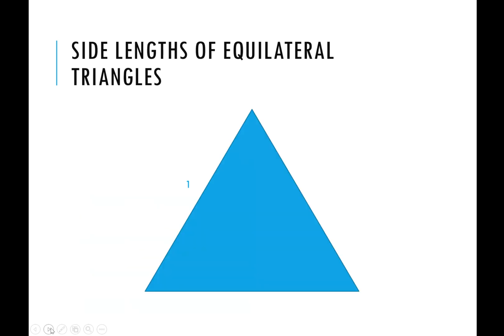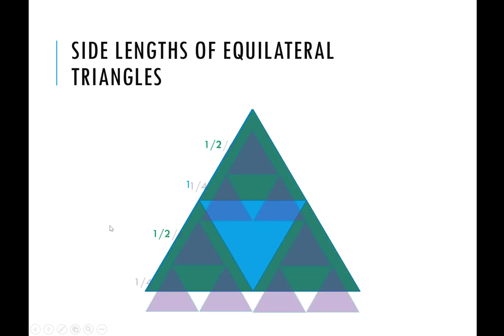The other thing that comes up in the task is side length of equilateral triangles. Well, an equilateral triangle by definition means that all the sides are the same length. And they're going to tell you in the task that the side length is equal to 1. But then they're going to add some more triangles in to create Sierpinski's triangle. And then they're going to change the side length.